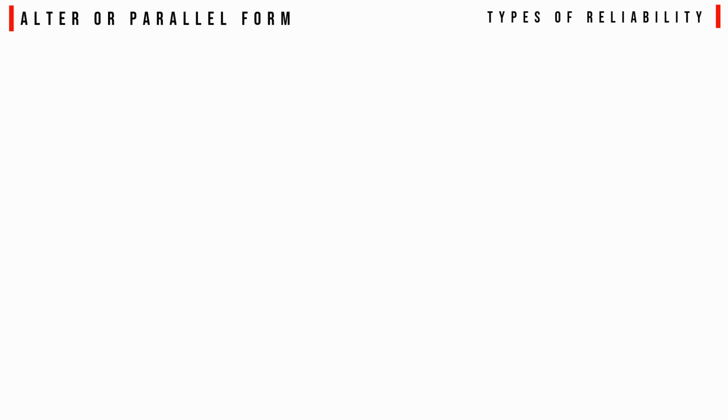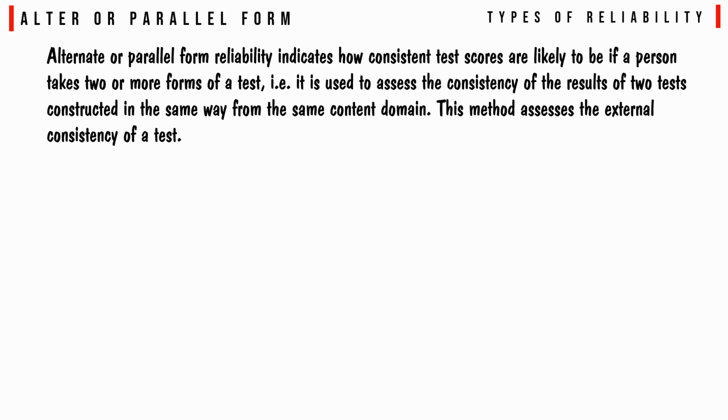Alternate or parallel form. Alternate or parallel form reliability indicates how consistent test scores are likely to be if a person takes two or more forms of a test. That is, it is used to assess the consistency of the results of two tests constructed in the same way from the same content domain. This method assesses the external consistency of a test.